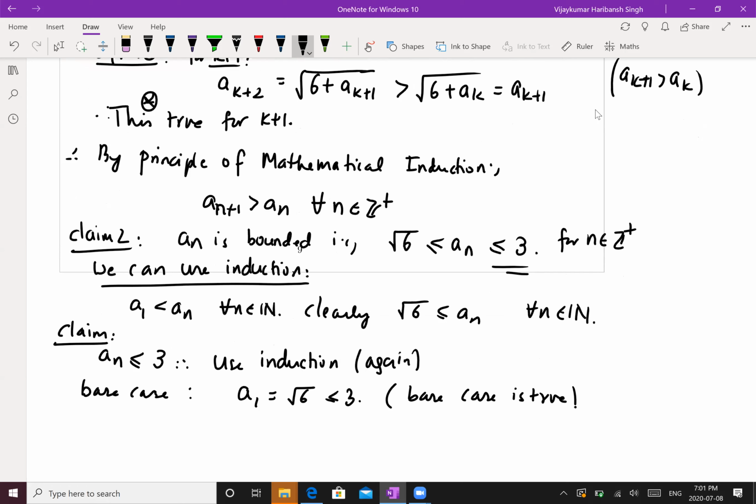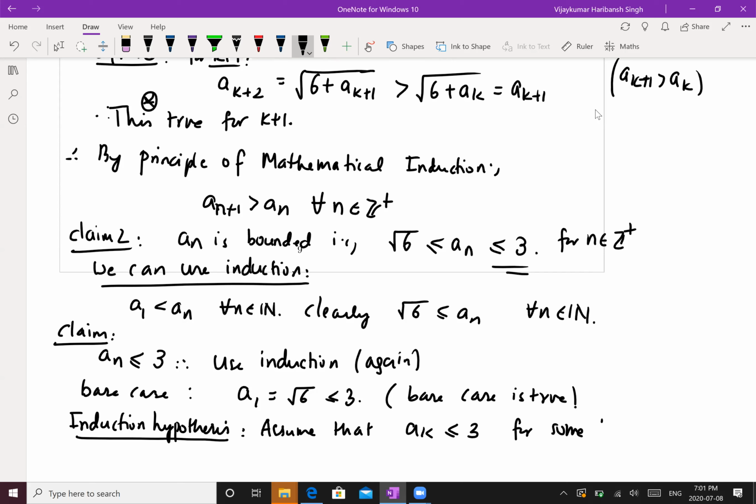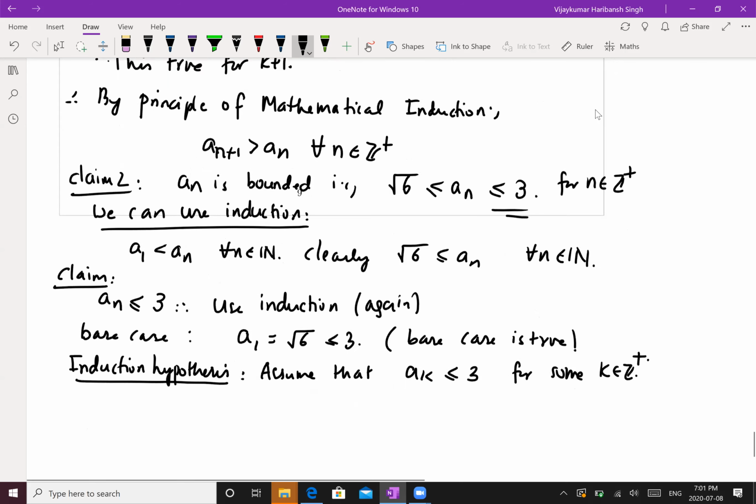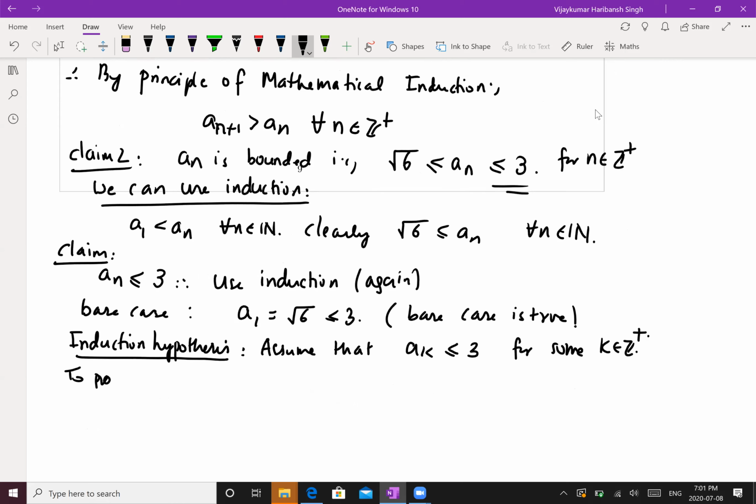Now, the induction hypothesis. Assume that a_k is less than or equal to 3 for some k in Z plus. Now we want to prove this for k plus 1.